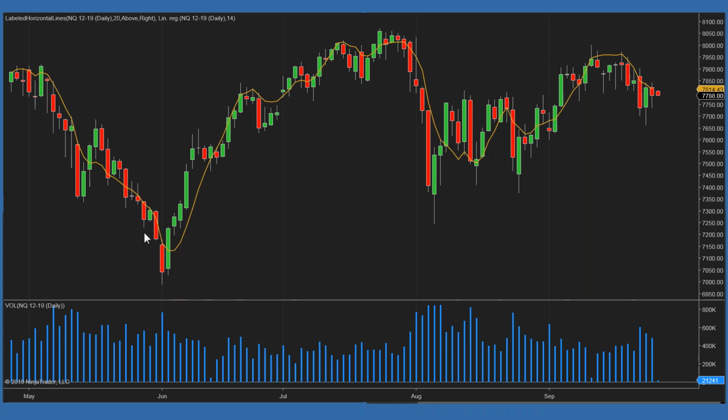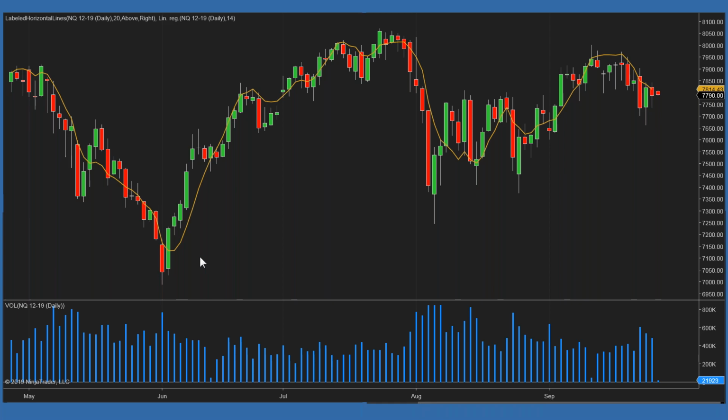Now, different traders will treat it differently. Some traders will require a whole bar to finish above the linear regression line before they're interested in buying, or a whole bar to finish below the linear regression line before they sell.